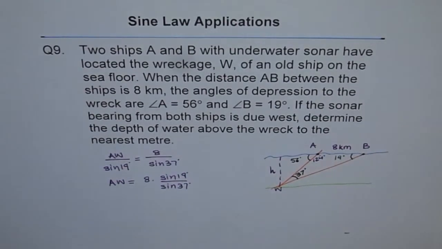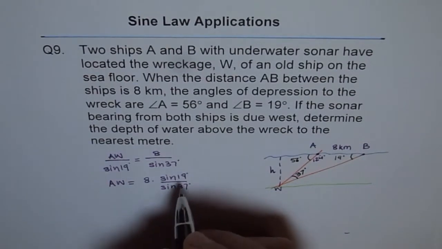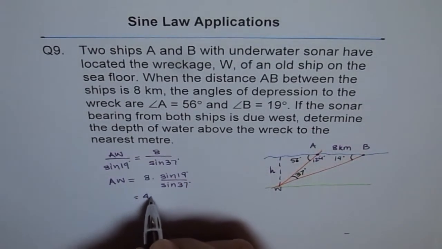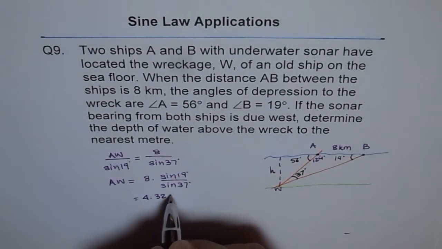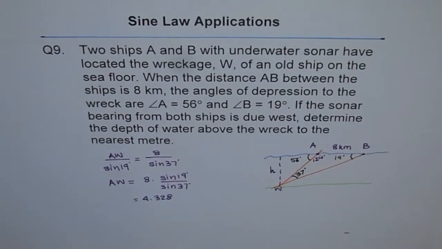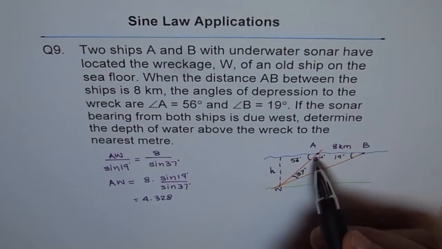So we can calculate this and find. We'll multiply that by 8 and we get 4.3278, let's say 4.328, right? So that is AW for us.